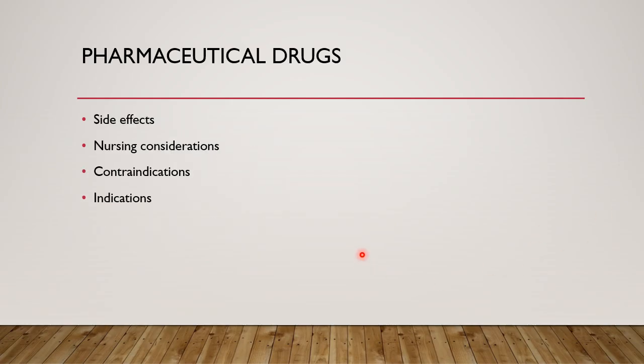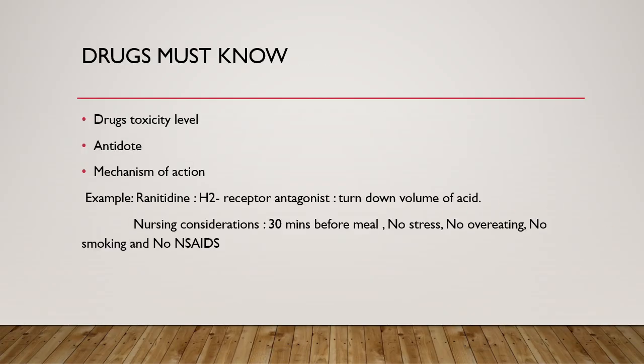Similarly, what you need to know about pharmaceutical drugs is their side effects, nursing considerations, contraindications, and indications. You also need to know the drug toxicity level, antidote, and mechanism of action. For example, here I have included ranitidine. Why is ranitidine used? Ranitidine is used to reduce the volume of acid, and it acts as an H2 receptor antagonist.